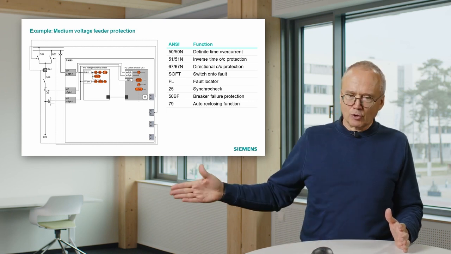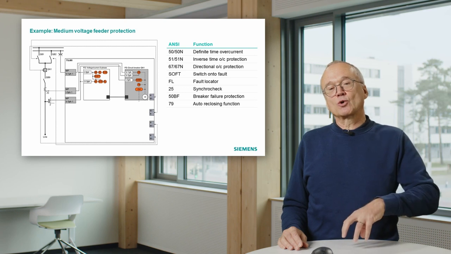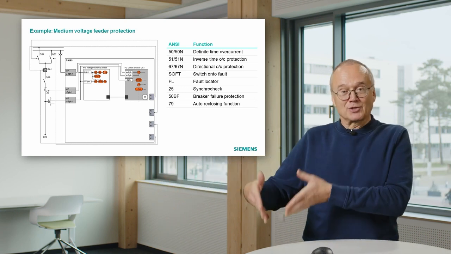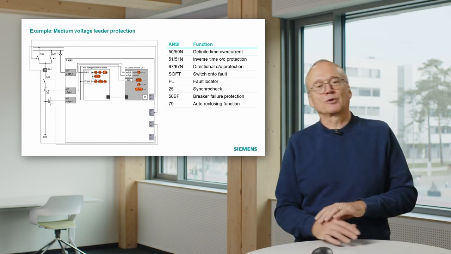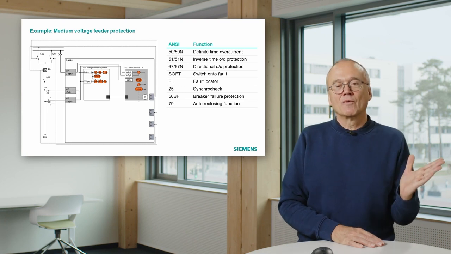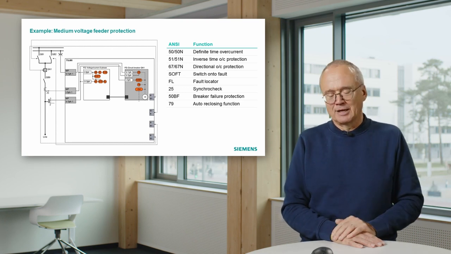That means you have still earthing in the feeder, you close the breaker, that means you connect the part of the system where still earthing is in there to the bus bar with nominal voltage. And that means in the moment where you close the breaker, you directly see a fault.